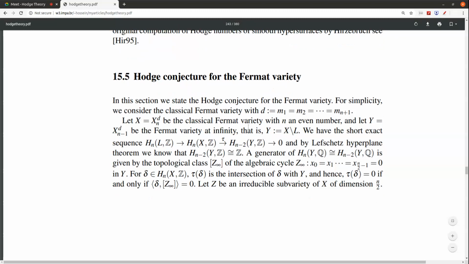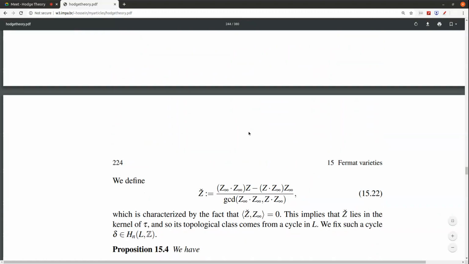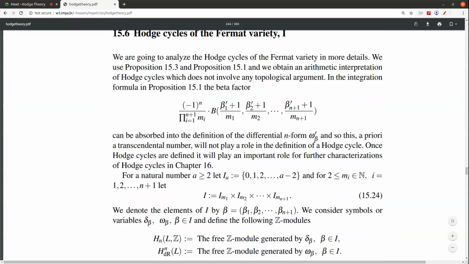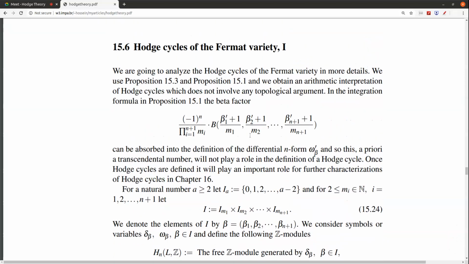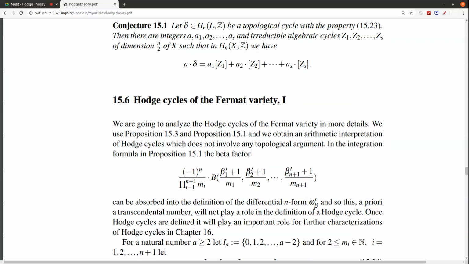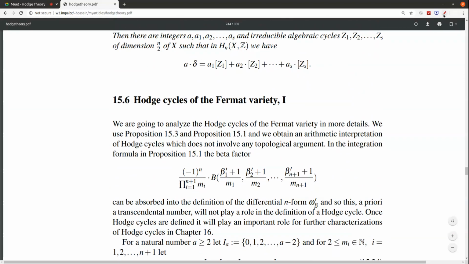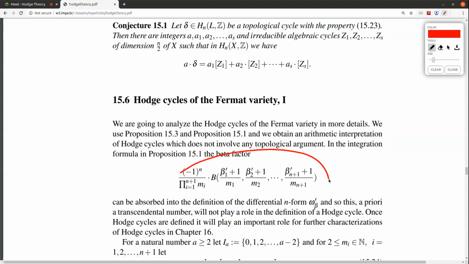So today I was talking about this section 15.5. I skipped a lot of things. As I said, for the discussion of the Hodge cycles, we really don't need this beta factor. In the next lecture, we will see that these apparently transcendental beta factors are used, and actually in this way, Hodge theory has one direction going more into transcendental number theory.